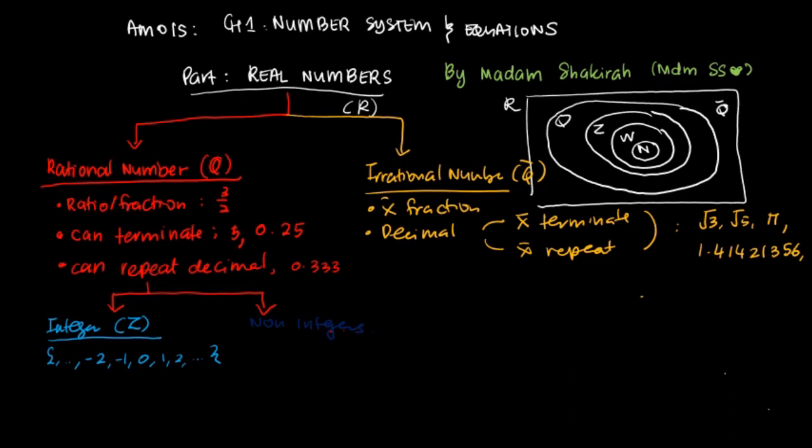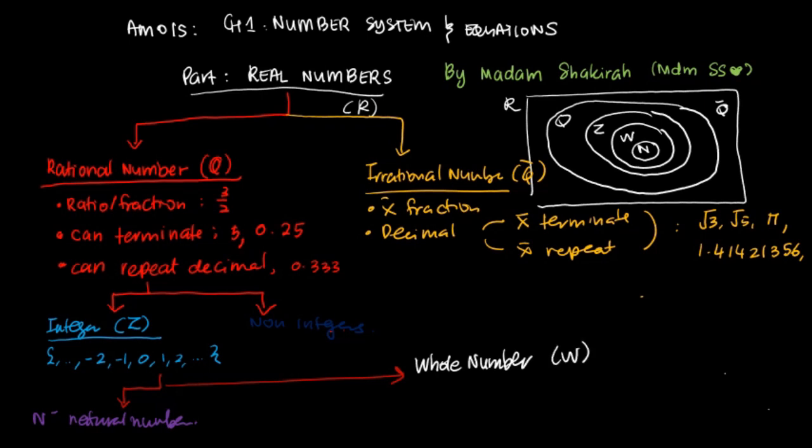Let's continue to the other part. Under integer we will have the negative natural numbers. And for the other part we will have whole numbers. Why do we call it whole number?